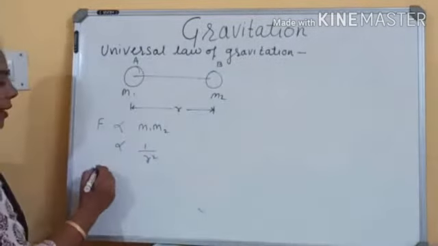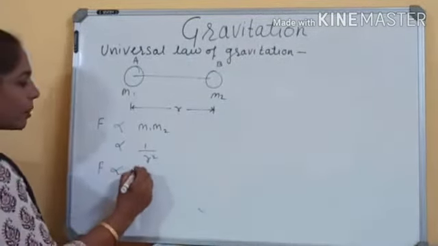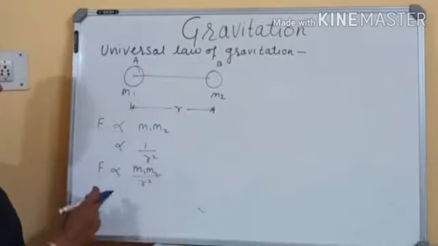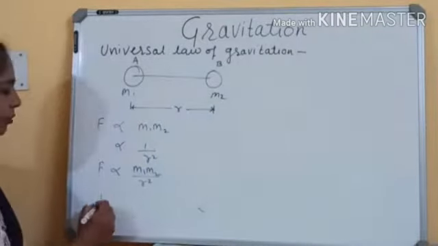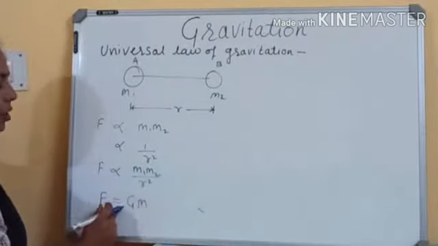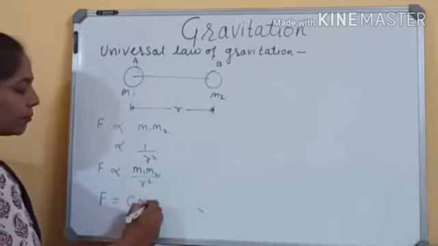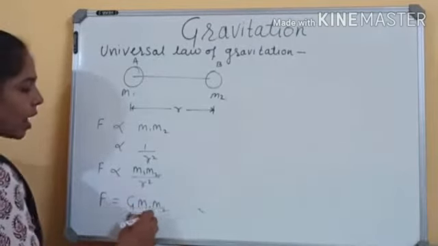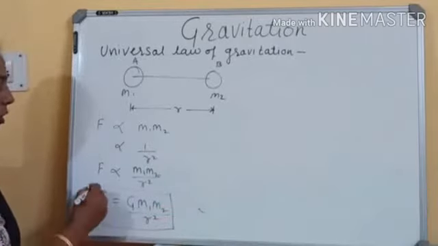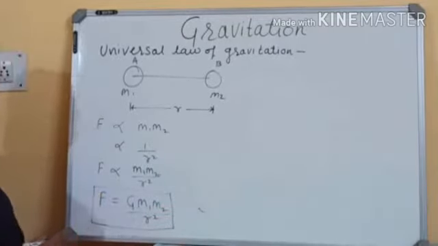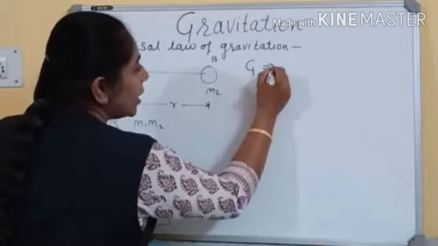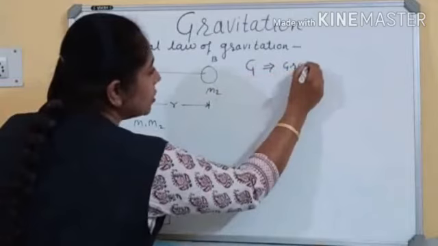So you combine them, and you get F is directly proportional to m1 m2 upon r square. The proportionality constant is denoted by capital G. So you get F is equal to G m1 m2 upon r square. This is the mathematical expression for the universal law of gravitation, where G is called the gravitational constant.